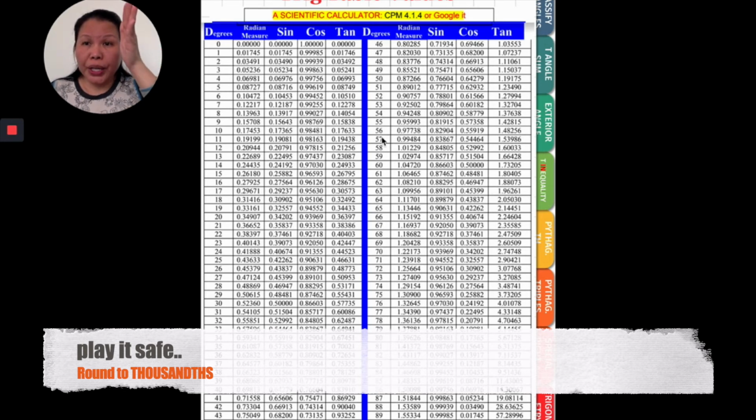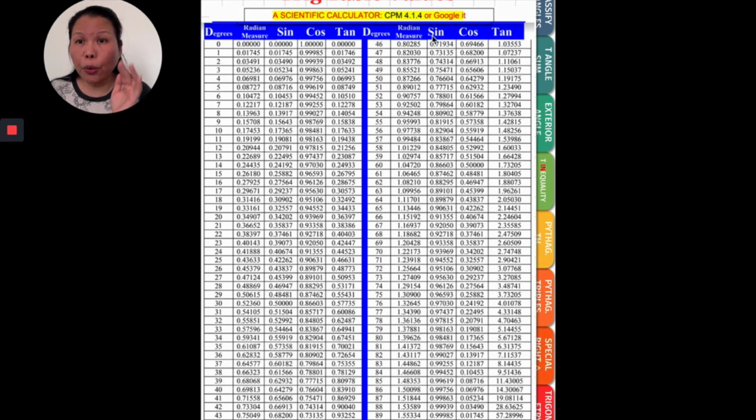I am not looking at the degree because I don't know that. I'm looking for the degree. So what I will do is look down the sine column until I can locate 0.842. Looking from the left, I have a very low number on the last line, 0.7, and I'm looking for 0.842. So I'll go to the right side of the blue line, looking down the sine column only, because remember, that's the formula that we started with.